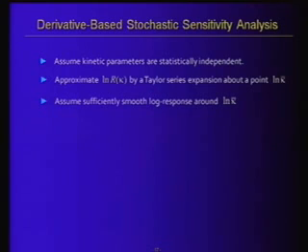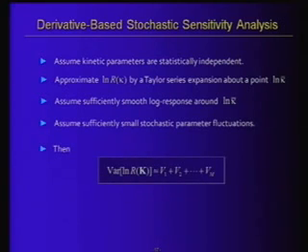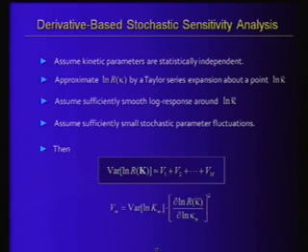And if you assume a sufficiently smooth log response around this logarithm of k bar, you can show this formula: that the variance of the logarithm of the response is approximately equal to the sum of these m variances, v1 plus v2 plus vm, where vm is the variance of the logarithm of the kinetic parameter associated with the reaction m times this derivative squared. Okay?